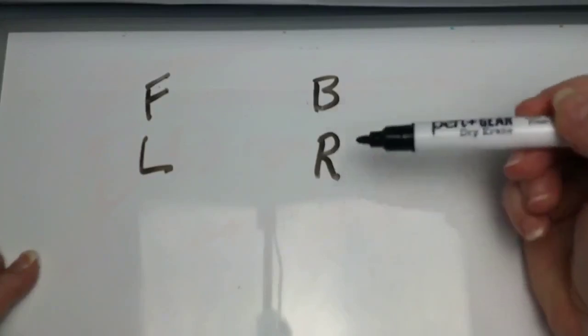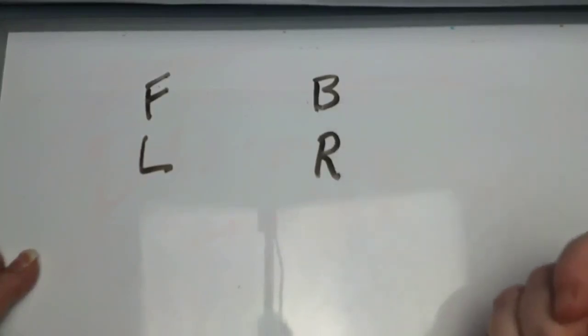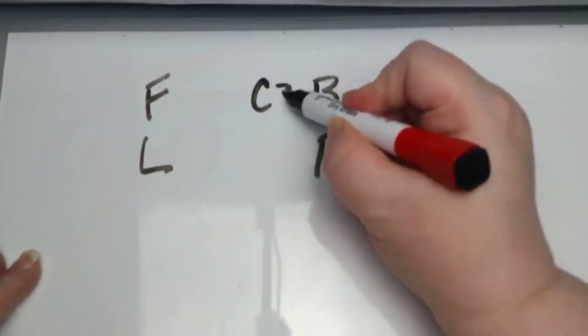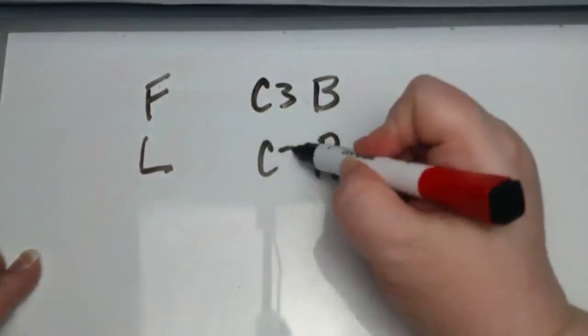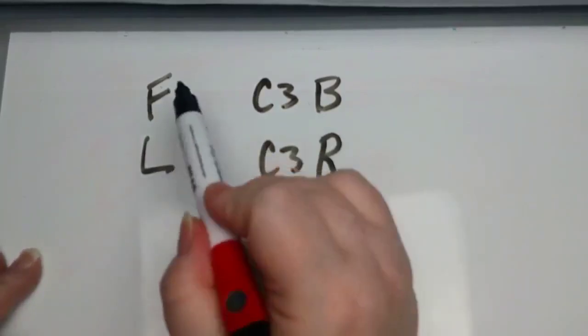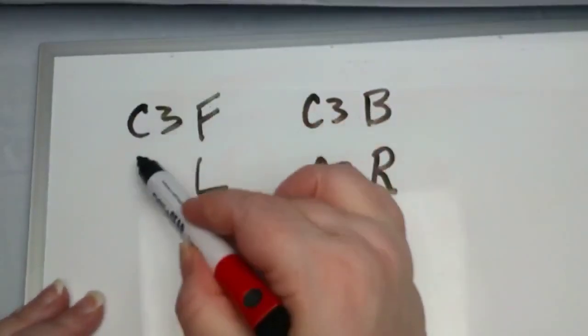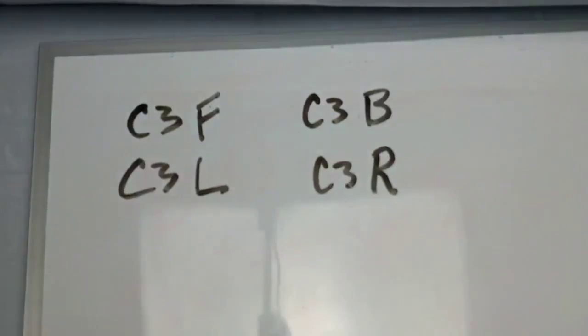These mean the same thing. So a cable is normally going to be written, let's say, cable 3 back, cable 3 right, or cable 3 front, cable 3 left.